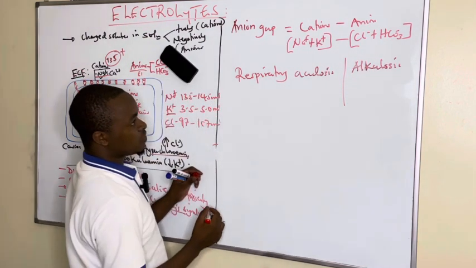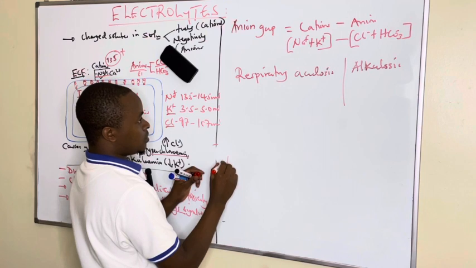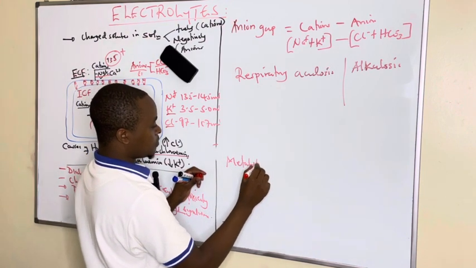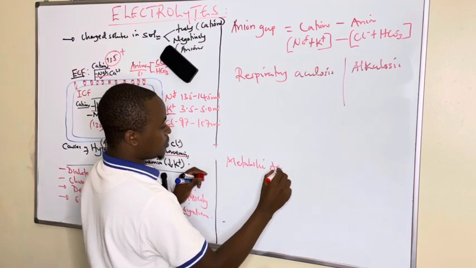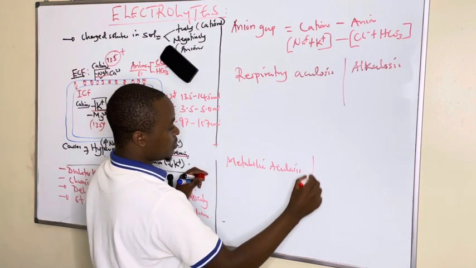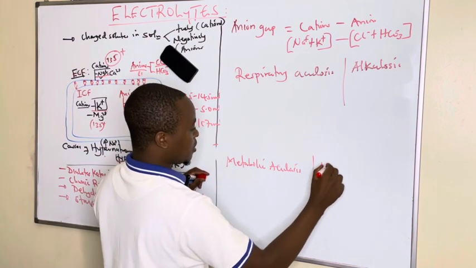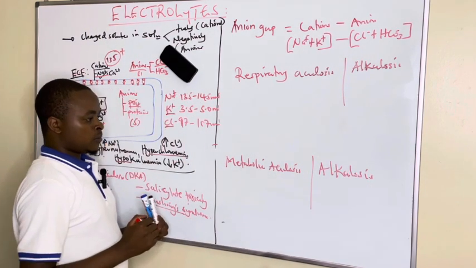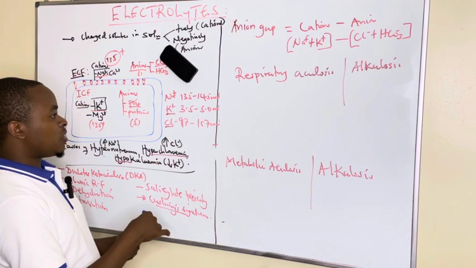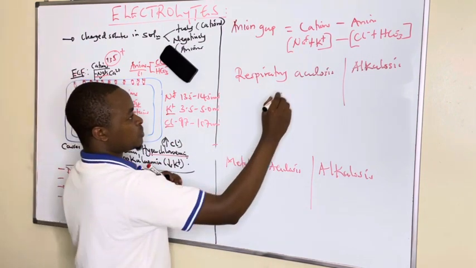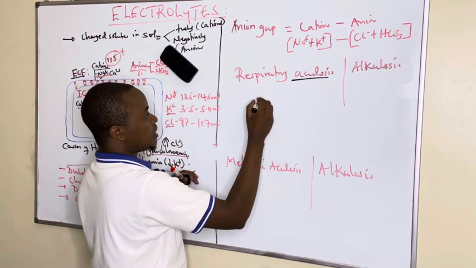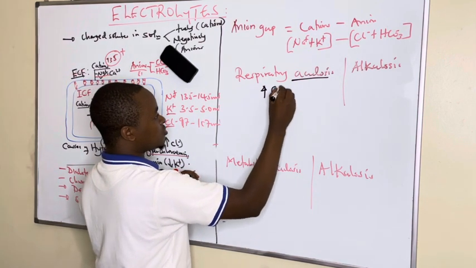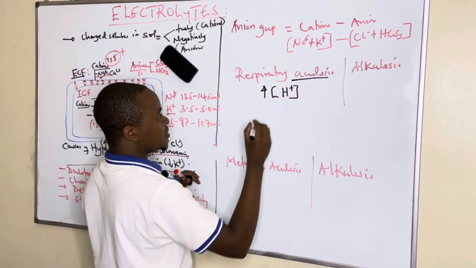And other conditions we can look at is metabolic acidosis versus metabolic alkalosis, whereby respiratory acidosis is due to increased concentration of hydrogen ions.